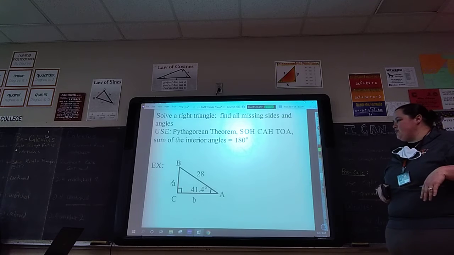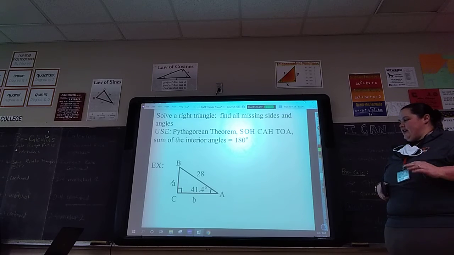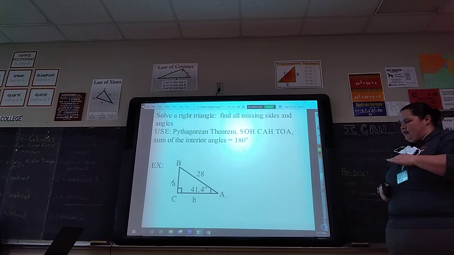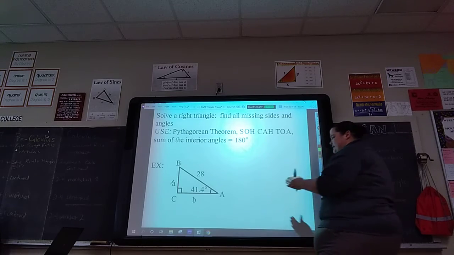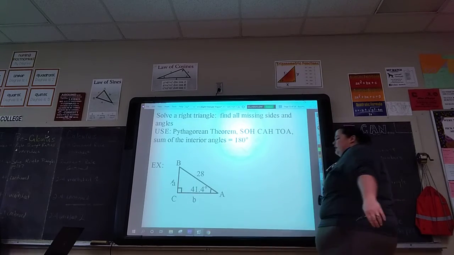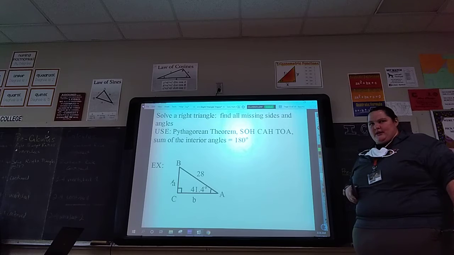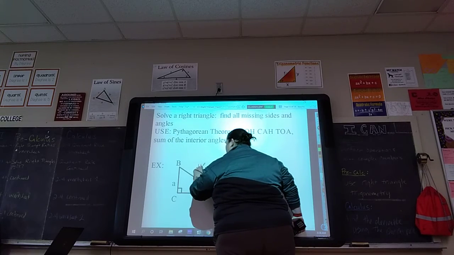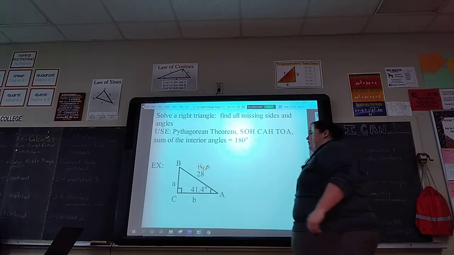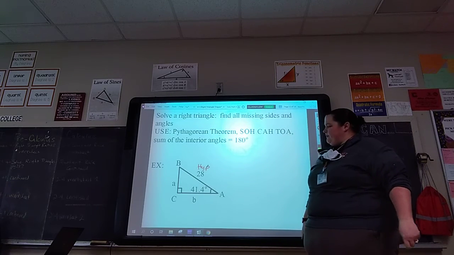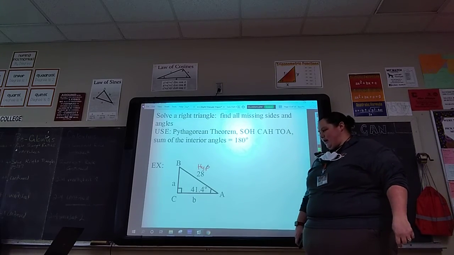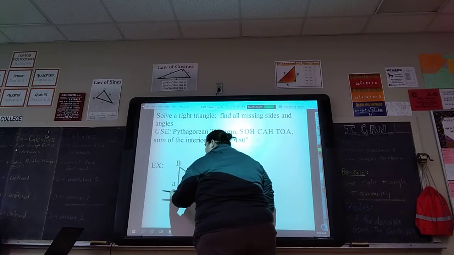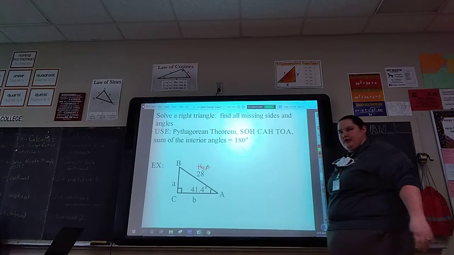So we know the 90-degree angle. We know that 41.4 degrees is this angle A. And we know 28. What side's the 28? The hypotenuse. So we're missing angle B, side a, and side b, because we also know angle C, which is the right angle, 90 degrees.